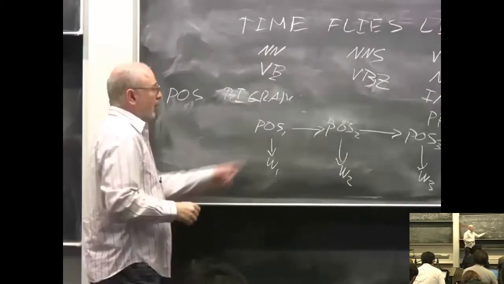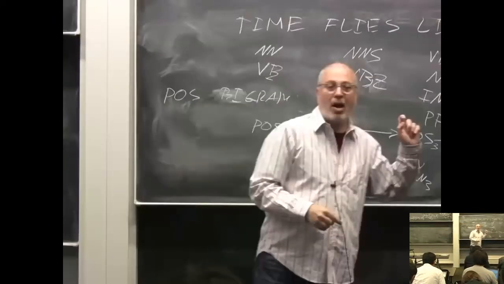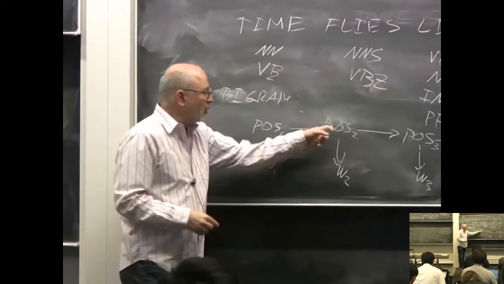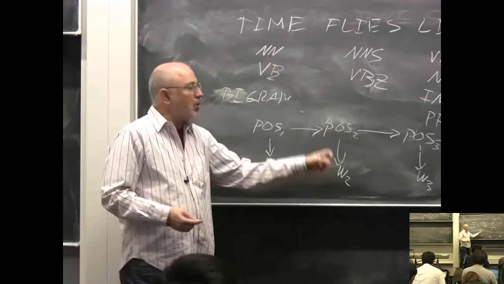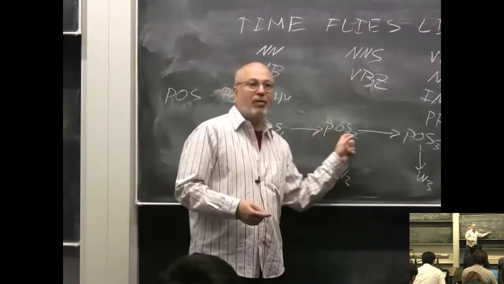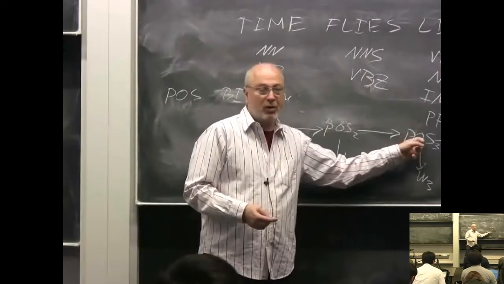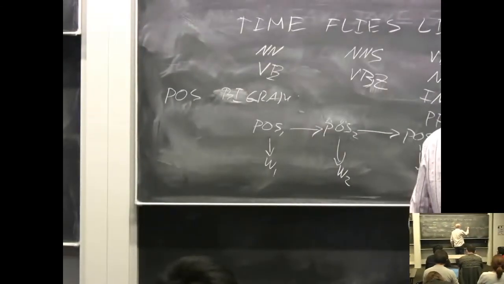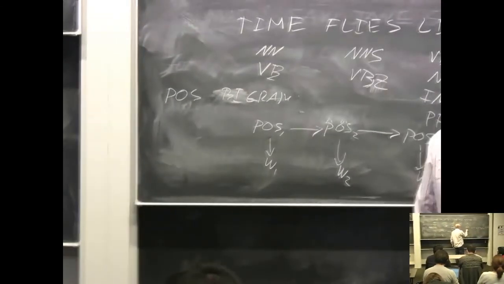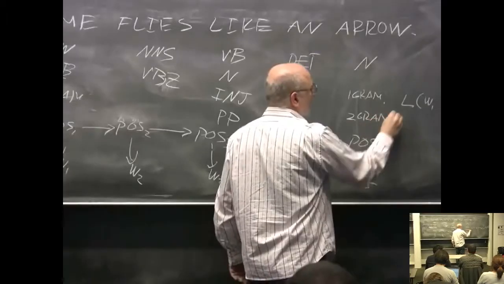This is still hidden, but now I want to take into account not only what part of speech gives rise to what word with what probability, but also how one part of speech affects the probability of the next part of speech. And now I need to change, this is the unigram model. Now I need to write a bigram model, bigram likelihood.